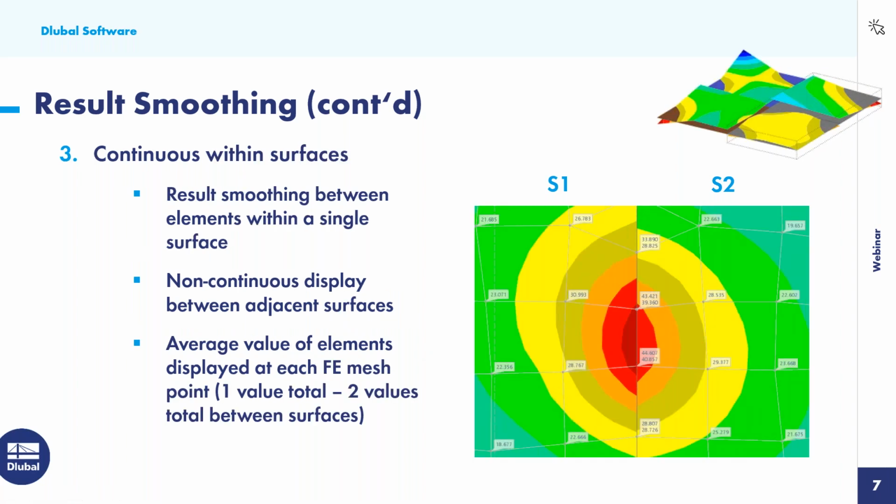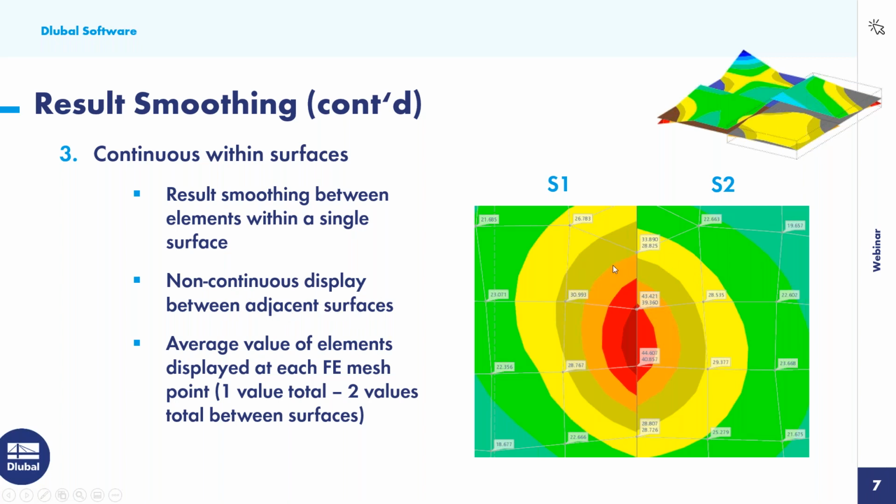The third option is continuous within surfaces. So this is the default option and currently what we are viewing in our example today. Essentially, we are going to use a smoothing algorithm to smooth these results between all of the elements within a single surface. So now notice that surface number 1, all of these values are kind of tied together between all of the elements, yet it's still a non-continuous display between adjacent surfaces.